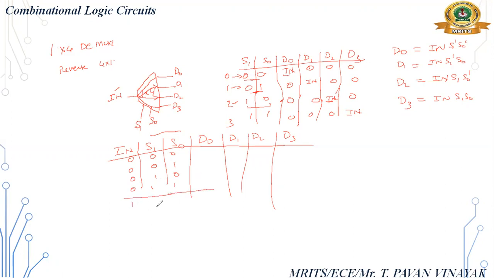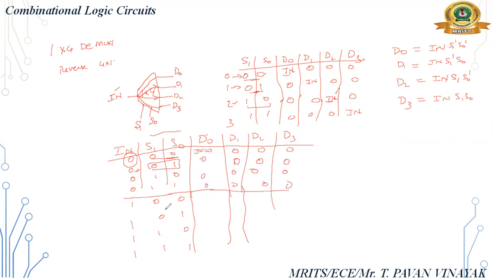Next 1, 0, 0, 1, 0, 1, 1, 1, 0, 1, 1, 1. Next, if 0, 0 means D0 gets IN, right? IN is 0. Remaining all are always 0. Next, 0, 1 means IN will get here at D1. So that is 0. Here the rest are zeros.